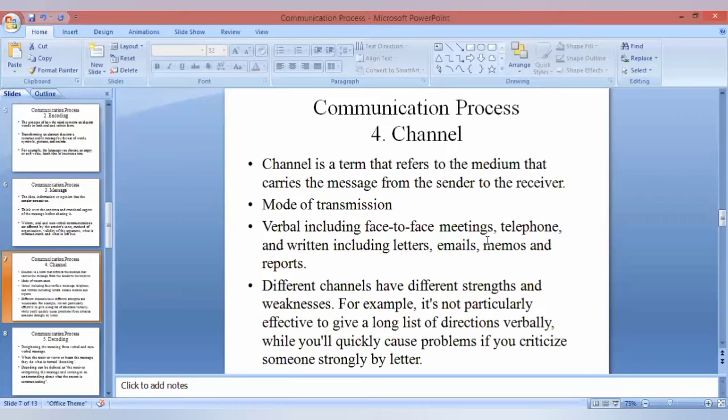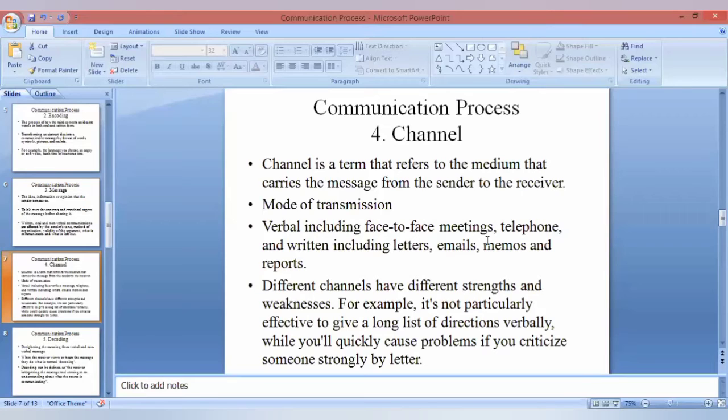For example, if you want to send a message at a high speed, you can use email, the electronic mail system. And if you want to keep the secrecy of the message, you can use a letter, right?